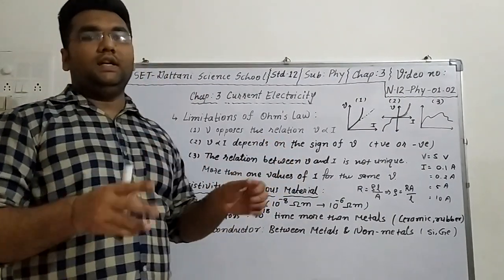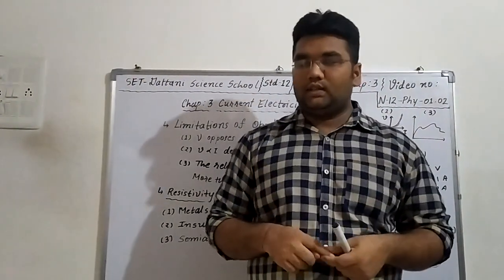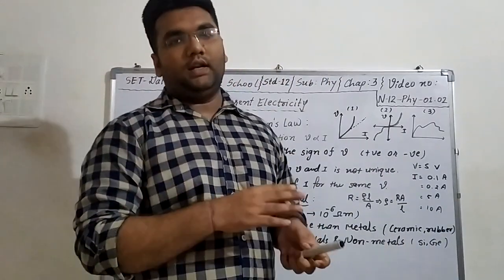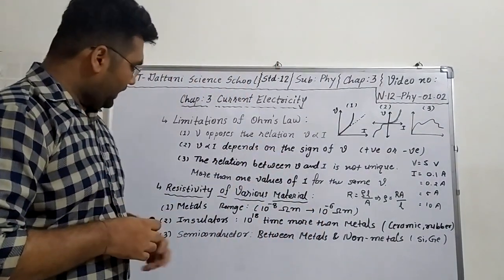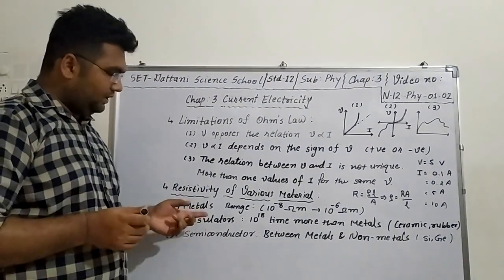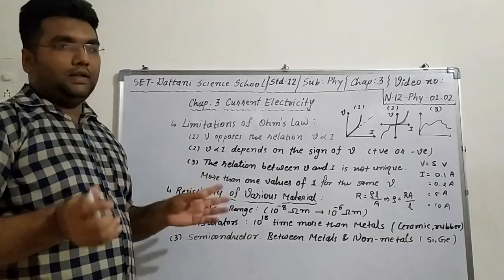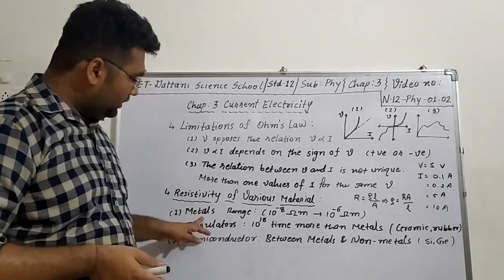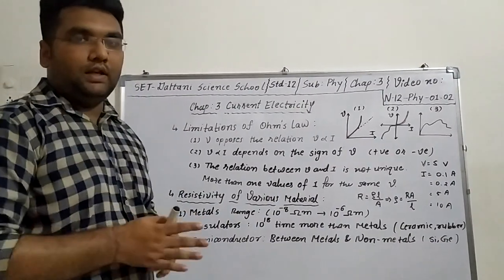There are 3 types of materials in our day-to-day life. First is conductor, second is insulator, and third is semiconductor. Metals are called conductors. All the metals are conductors, for example aluminium, gold, silver.